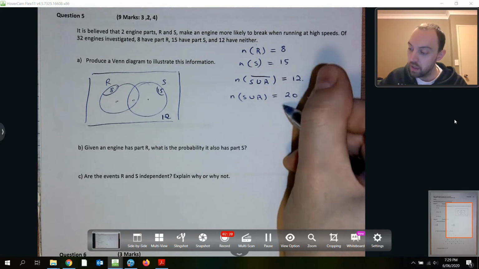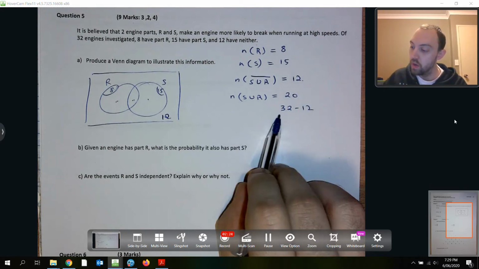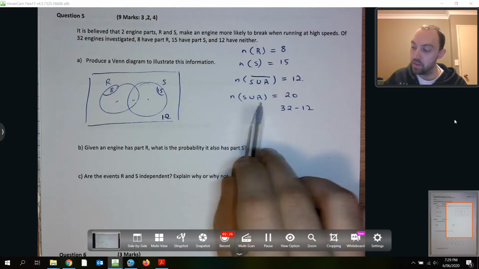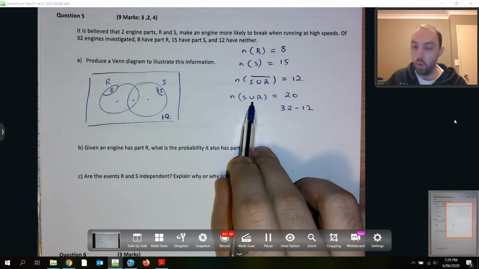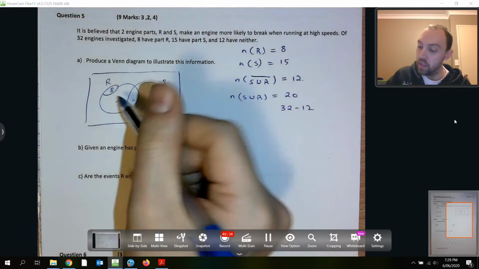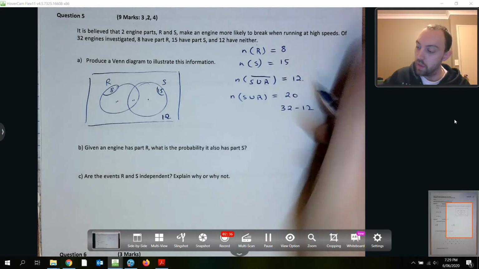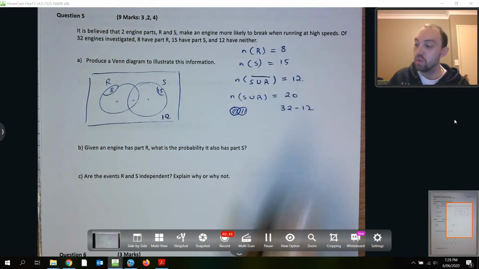From the 32 take 12, 12 of them have neither, so 20 has to have one or the other. So if 20 is this whole thing, okay, let's do a little diagram. 20 is that whole thing.